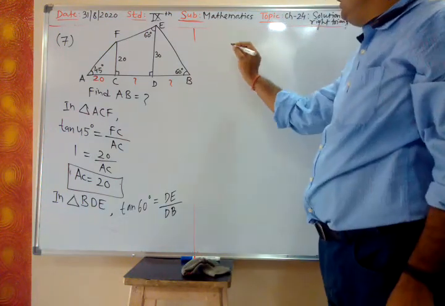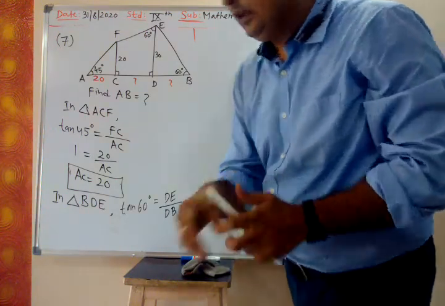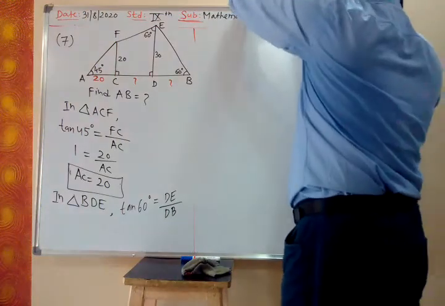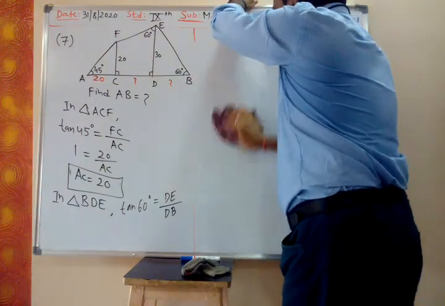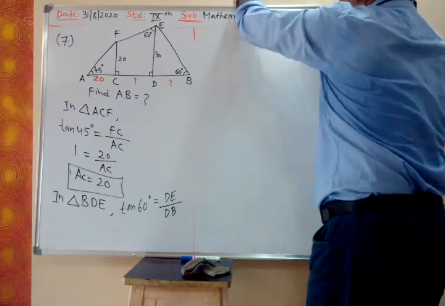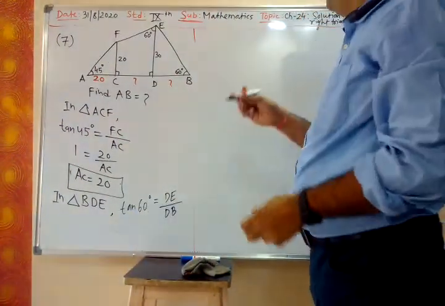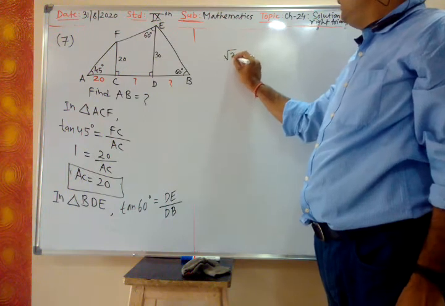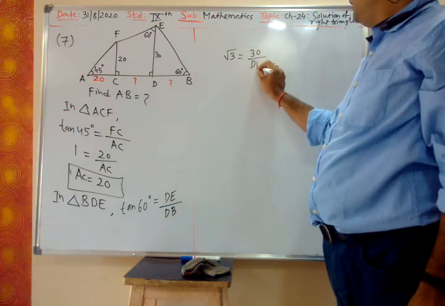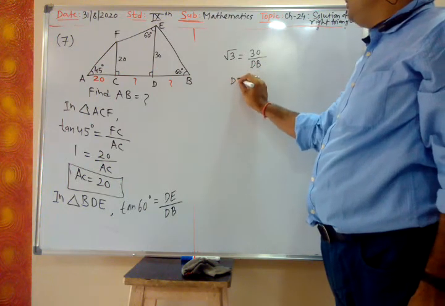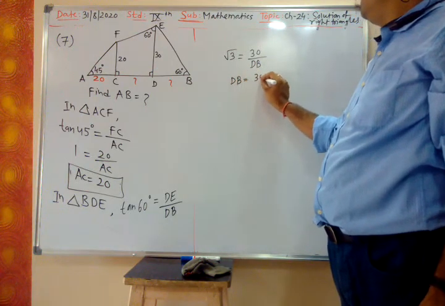Tan 60 is root 3. So root 3 is equal to DE, which is 30, upon DB. So cross multiply, DB is equal to 30 upon root 3.